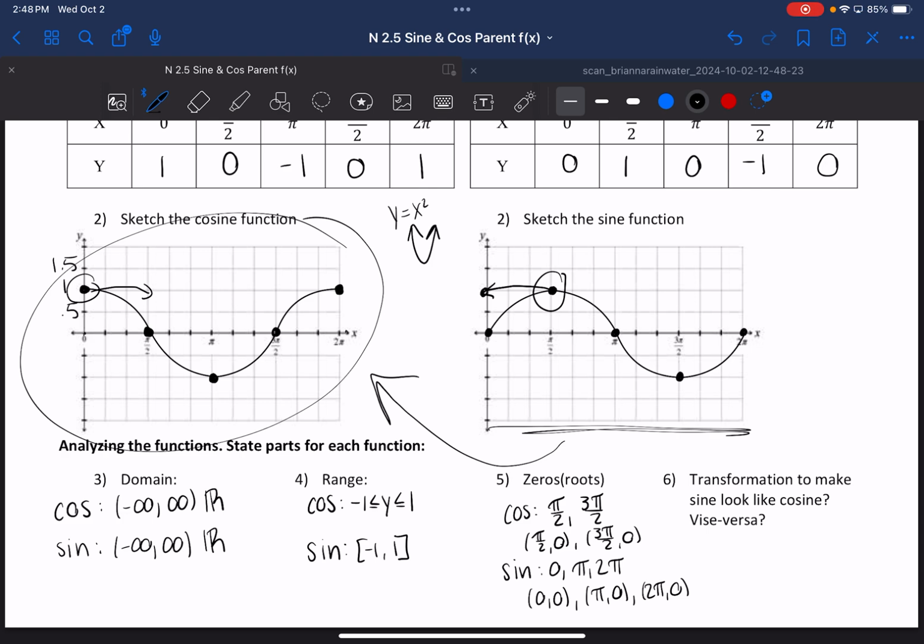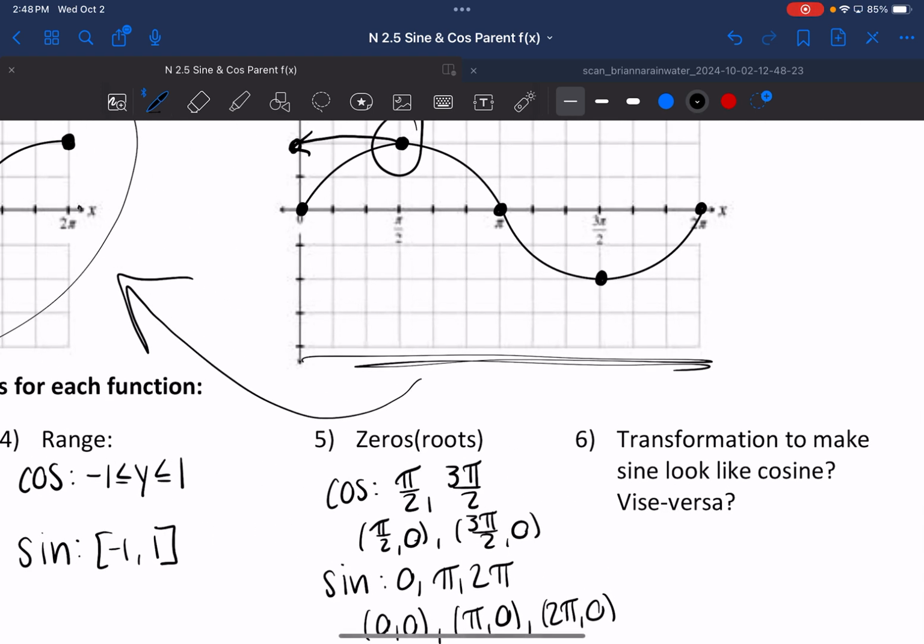So our answer here is that we would just need to shift it left or right, depending on which one you're moving. And we said we were moving it either pi halves back to 0 or 0 to pi halves, so I would be moving left or right pi halves, right?